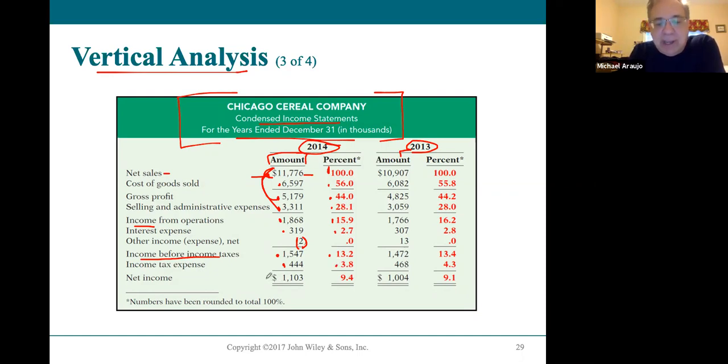And you had a net income, that's your net profit, of $1,103 on $11,776 of revenue, which means your profit was 9.4% of your revenue. Okay, and the same thing in this column. Do I have to review anything for anybody? Is everyone okay with that?